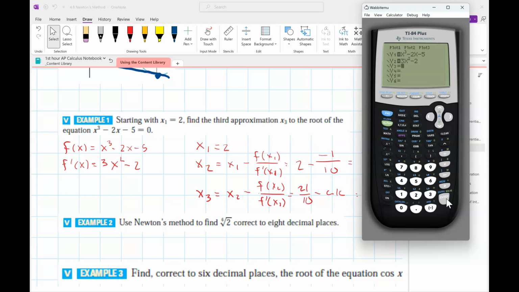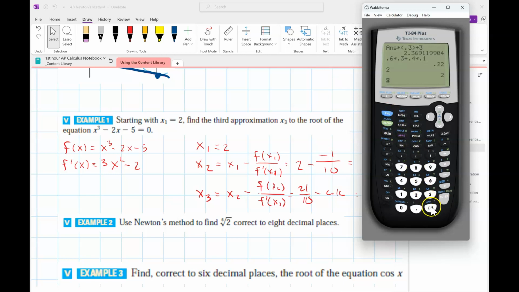Everybody, so far so good. Okay, I'm going to exit out of here. I'm going to type in my first approximation and press enter.